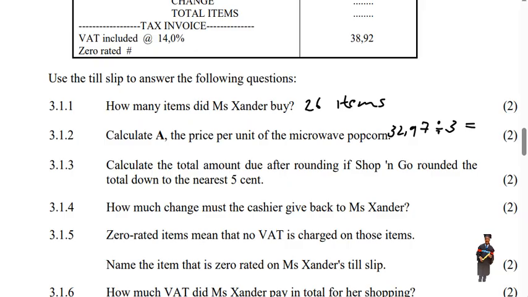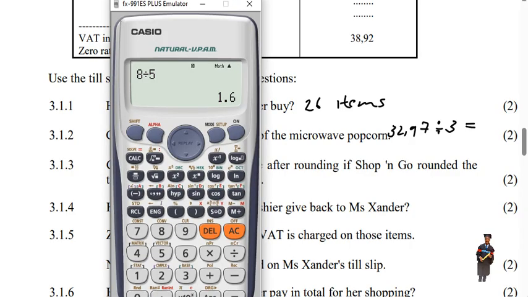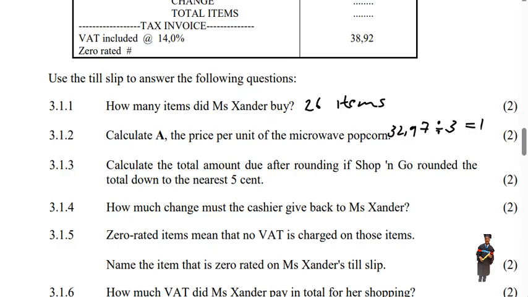Yes, and then let's grab our calculator. 32 rand 97 divided by 3 microwave popcorn. Okay, and then we are going to get what? We are going to get 10 rand 99. So each microwave popcorn costs 10 rand 99. Okay, you may put the rand here. All right, it's 10 rand 99.